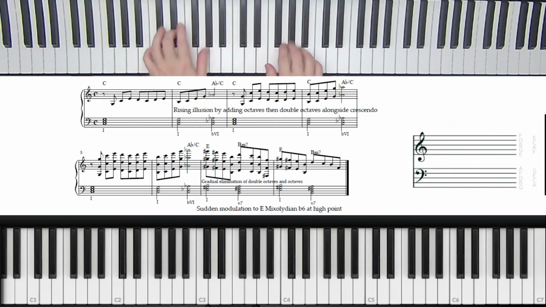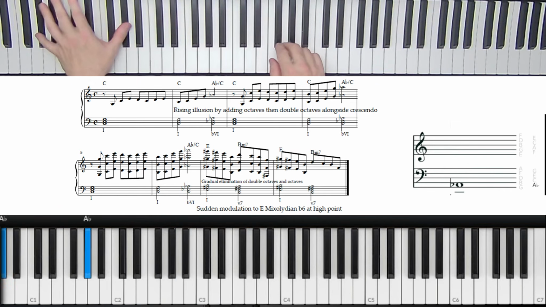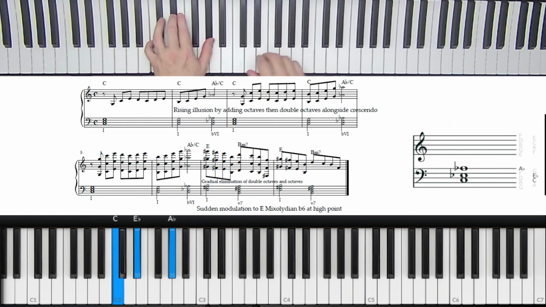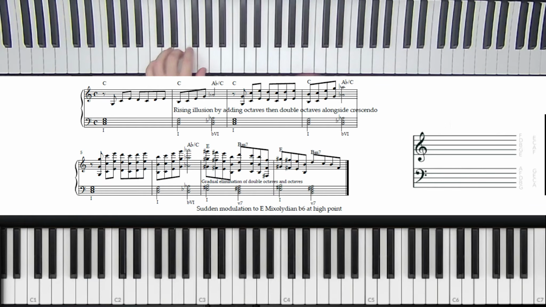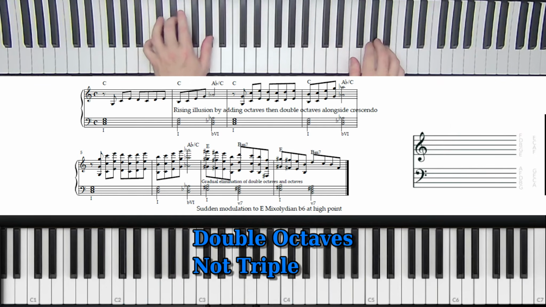Just the chromatic mediant shift a major third away, A flat, but with C as the pedal point kind of sound. And it just continuously rises like the other one by adding octaves and triple octaves.